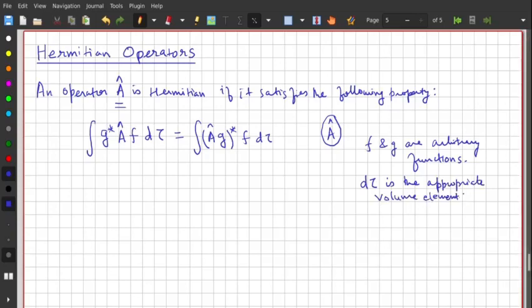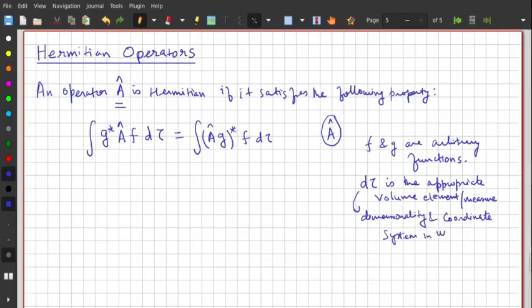The volume element is a measure that depends on the dimensionality and the coordinate system used. So that's the generic identity that a Hermitian operator should satisfy.